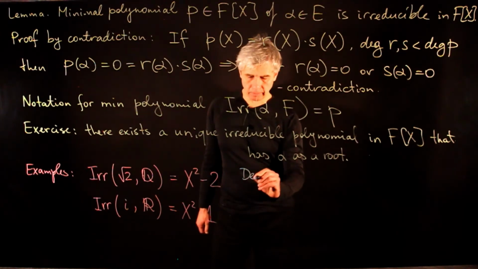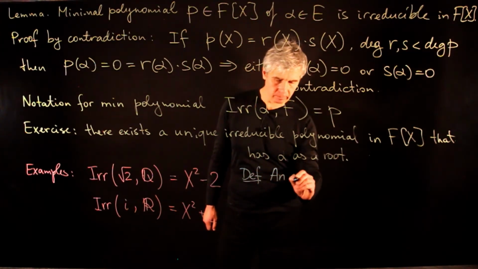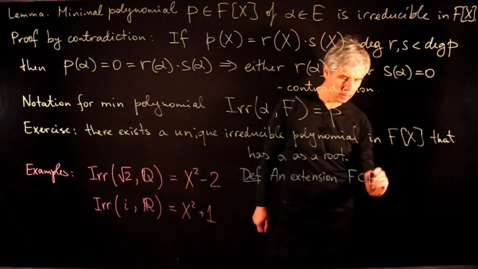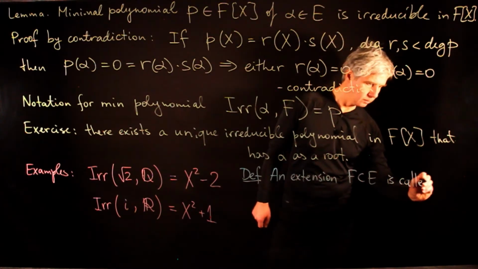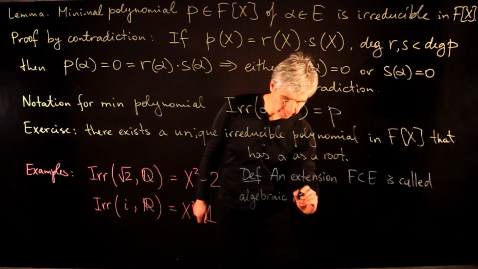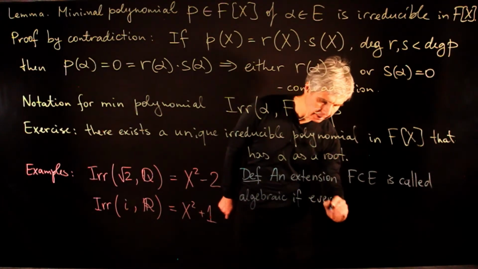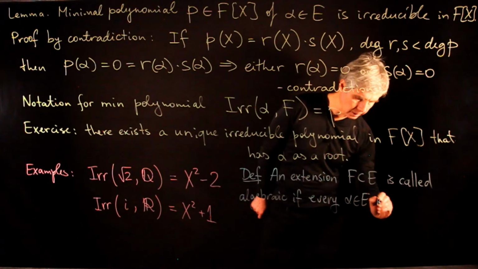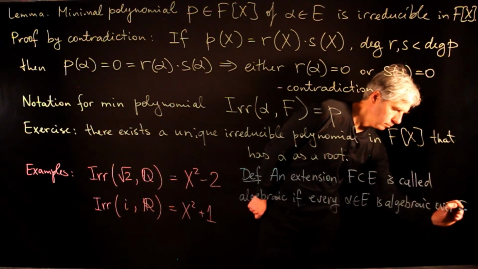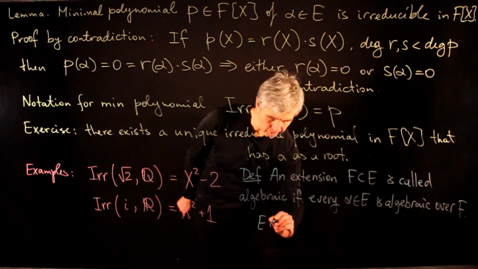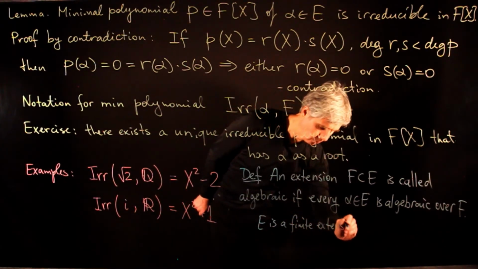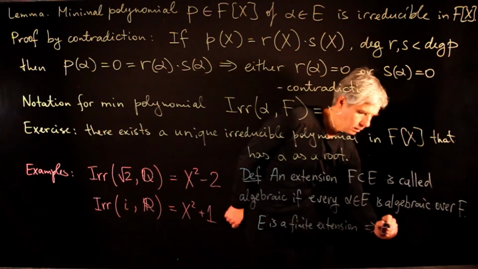We have the following definition. An extension E of the field F is called algebraic if every element alpha in E is algebraic over F. And what we saw is that if E is a finite extension, then it is algebraic.